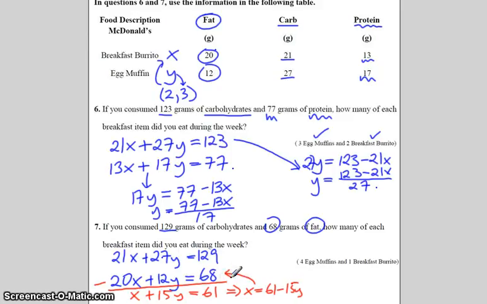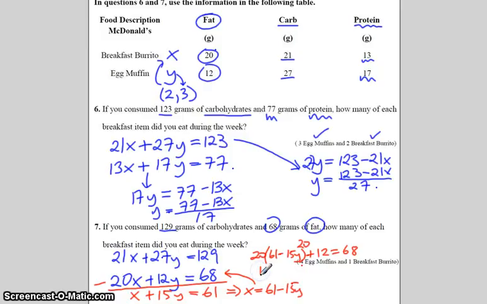So if I write over this, let's see, 20 multiplied by 61 minus 15y plus 12y equals 68. And we could solve this equation to find y, hopefully being the egg muffin, 4. So let's see this.